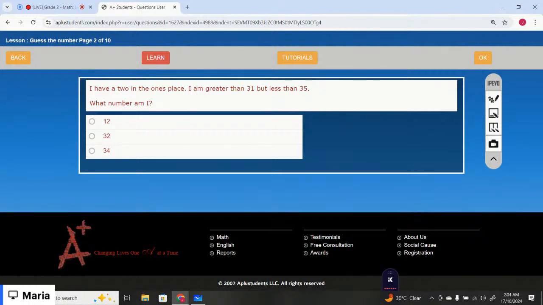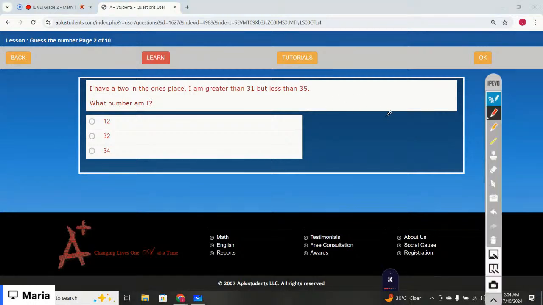I have a 2 at the ones place. I am greater than 31 but less than 35. So ones place is 2. The number is between 31 and 35. So the numbers between 31 and 35 are 32, 33 and 34.